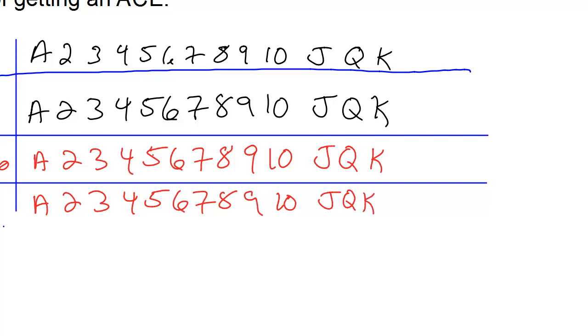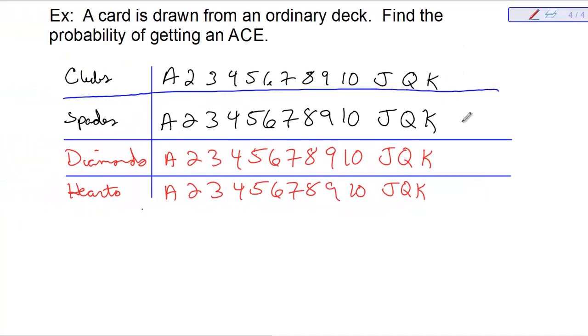Okay, so here's what the deck of cards kind of looks like. And if you'll notice that I have 2 rows that are black, clubs and spades are both black, diamonds and hearts are both red. I have a total of 52 cards in a deck of cards. There are 4 aces, 2 red, 2 black, 4 twos, 4 threes, 4 fours, so forth.